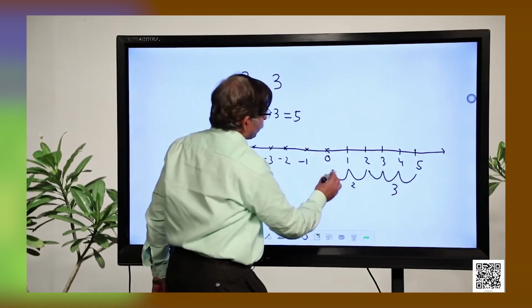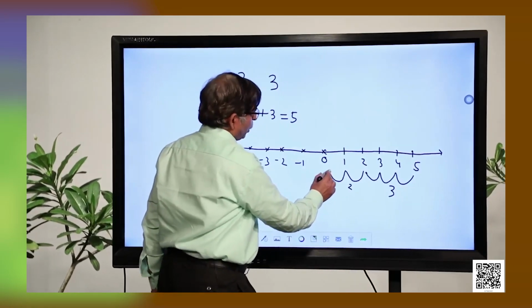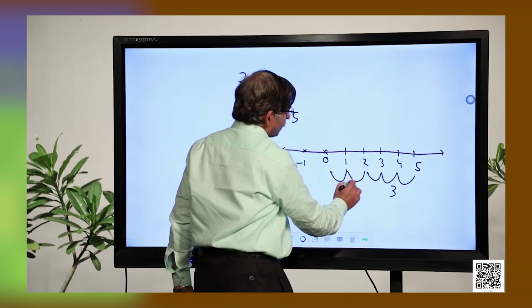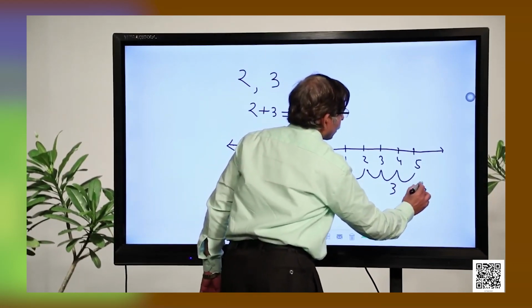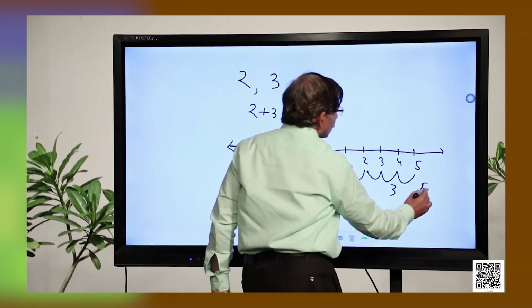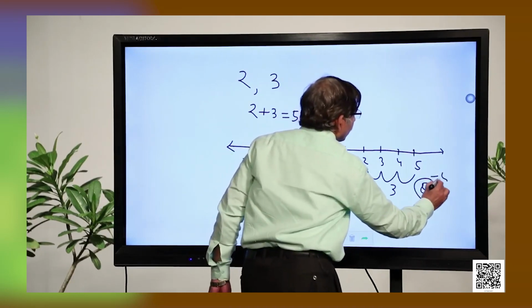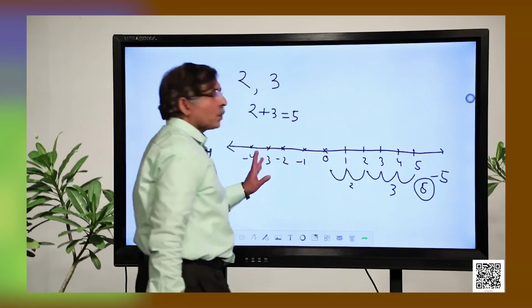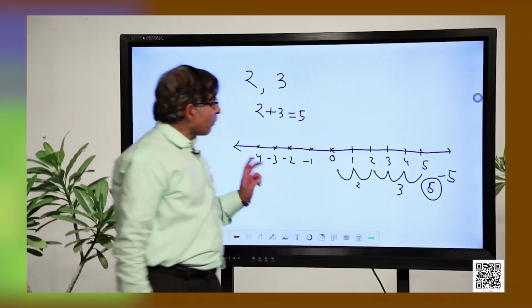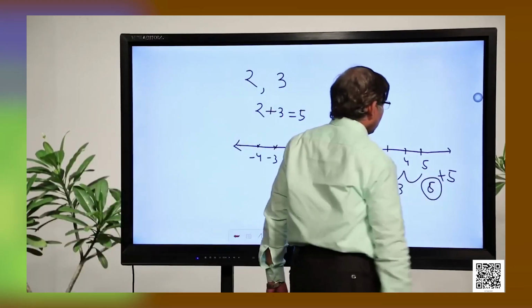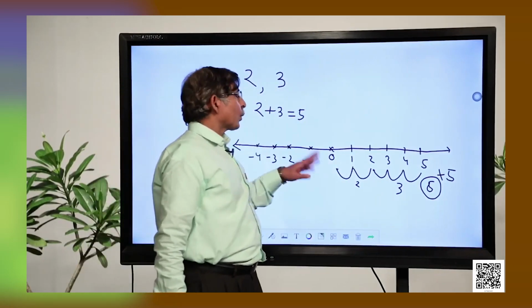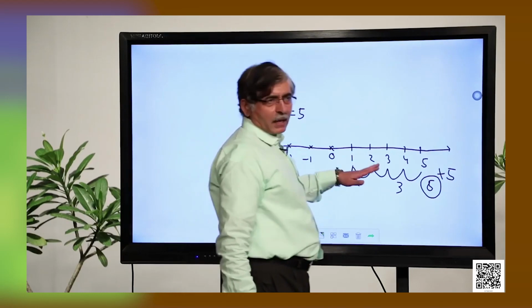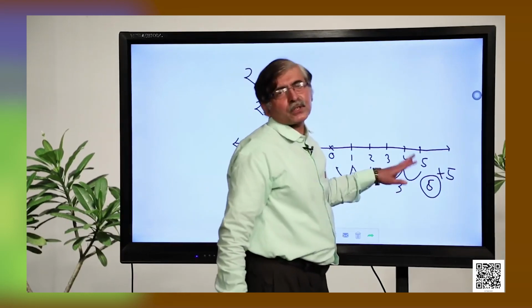So, as a whole, if we consider from 0, we will get 0, 1, 2, 3, 4, 5. So, this is 5. So, in the number line also, we get positive 5.